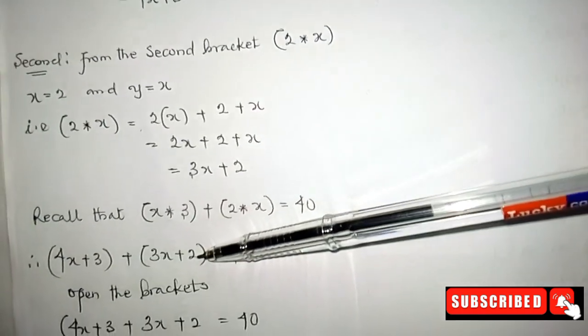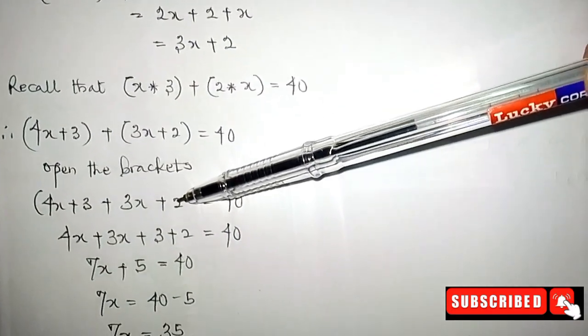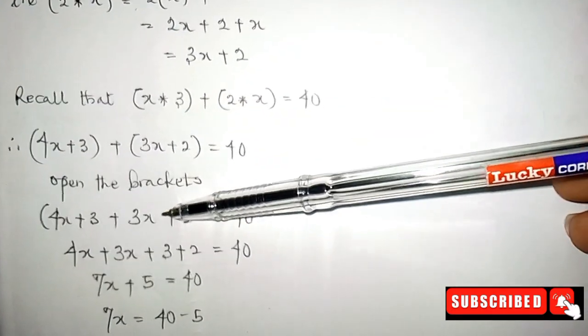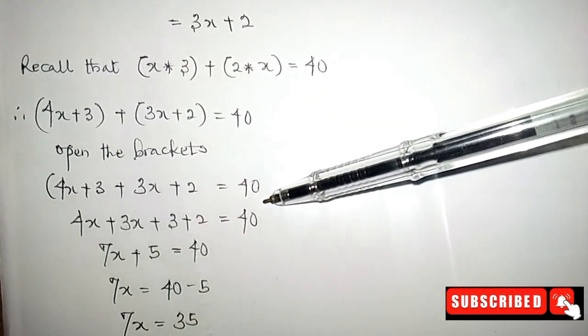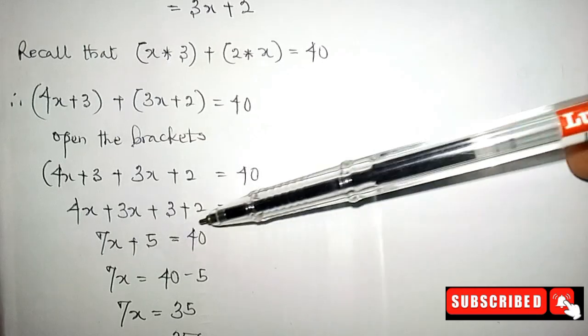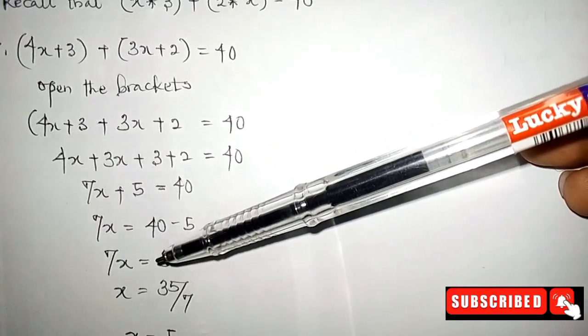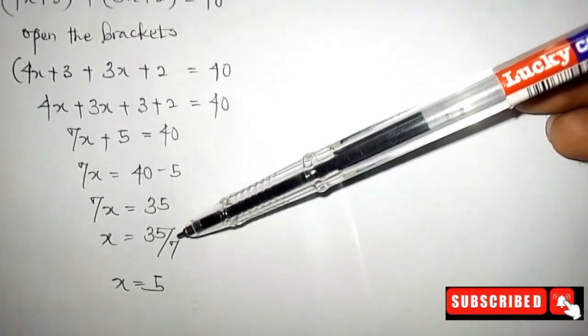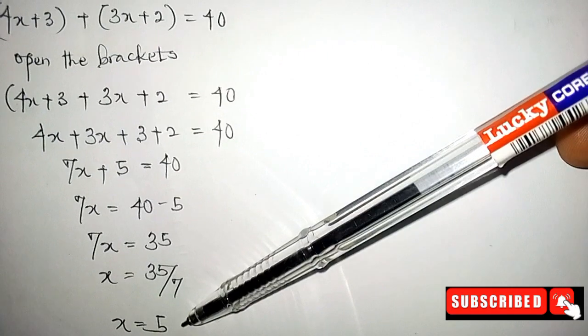So when we open the brackets, we have 4x plus 3 plus 3x plus 2 equals 40. Collecting the like terms, we are left with 7x plus 5 equals 40. And then we find the value of x, which gives us 35 over 7. And then we have x equals 5.